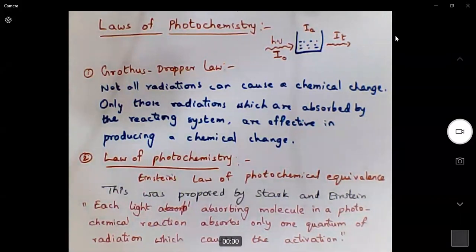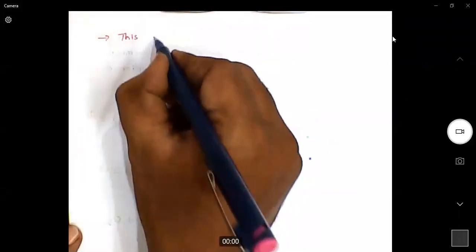So, according to Einstein's law of photochemical equivalence, every light absorbing molecule absorbs only one quantum of radiation. Einstein's law of photochemical equivalence is applicable to only the primary process.